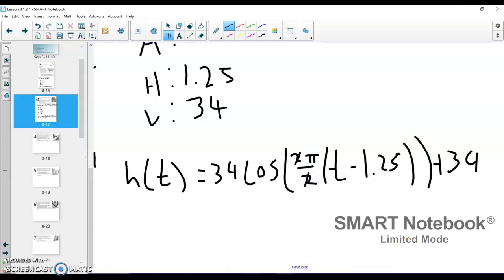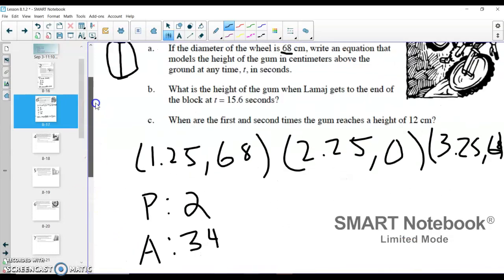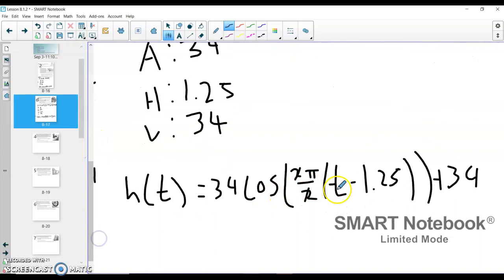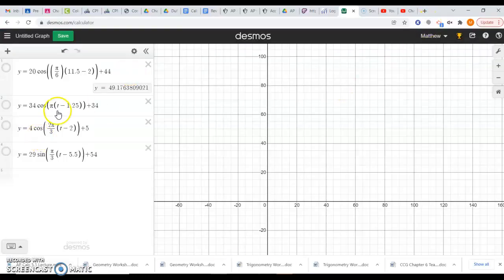Now, I have that graphed in Desmos. The question asks, what is the height of the gum when Lamaze gets to the end of the block at 15.6 seconds? That's just like plugging 15.6 into your t function, so let's do that on Desmos. The function is right here in my number 2 line: 34 cosine of pi, t minus 1.25, plus 34.